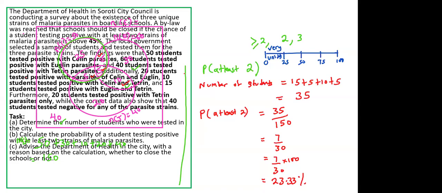So when you look at the probability we have got, is it above or not? They should not be closed.